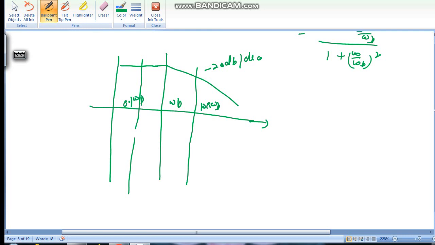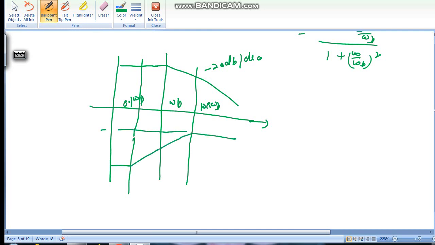So the phase roll-off actually starts at 1/10 of the pole or zero frequency and keeps changing until 10 times the pole or zero frequency.